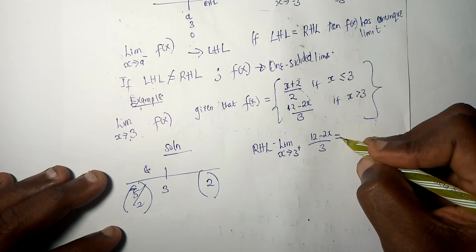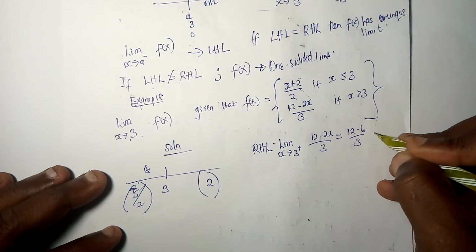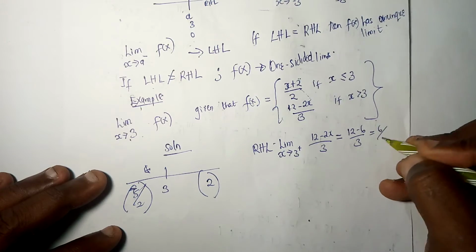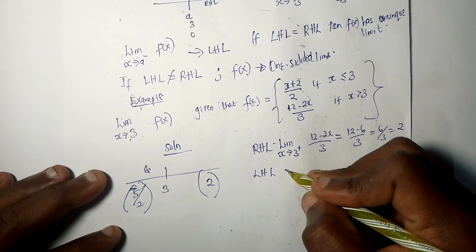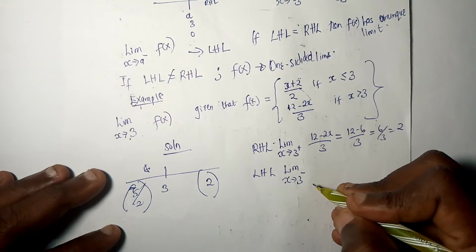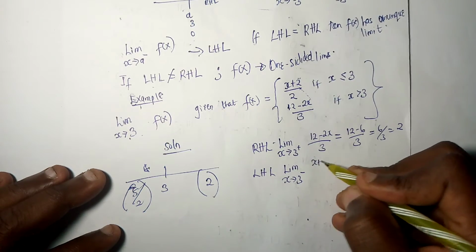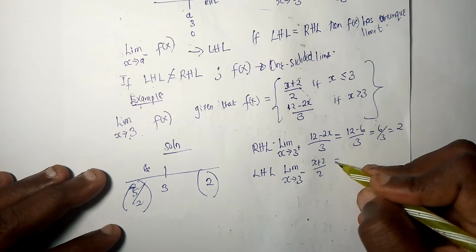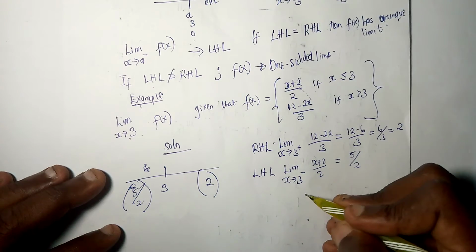When you substitute and evaluate, we get 12 minus 6 over 3, which is 6 over 3, which is 2. Then the left-hand side limit, as x approaches 3 from the other direction, of x plus 2 over 2, gives us 5 over 2.